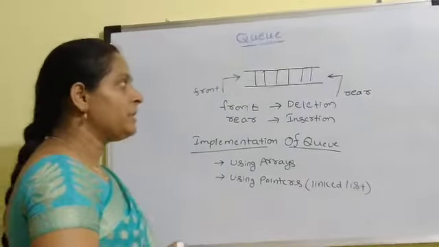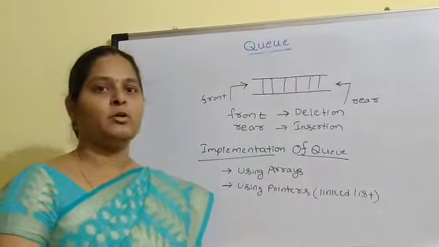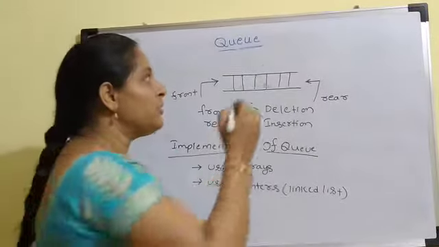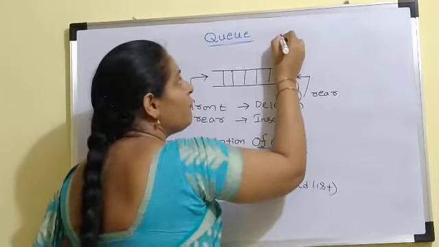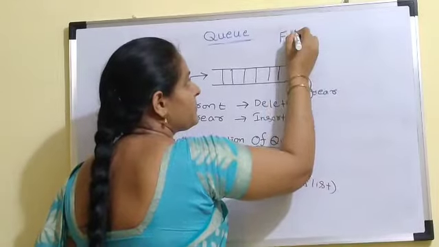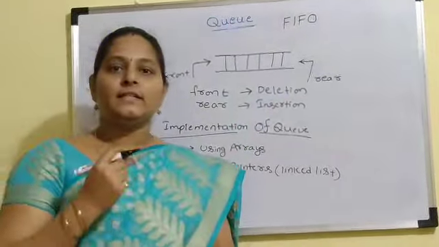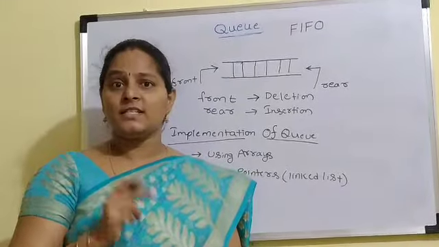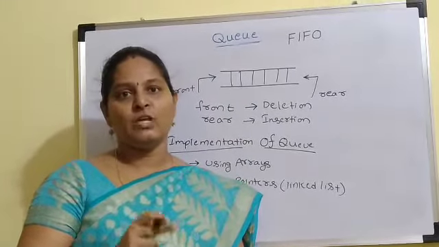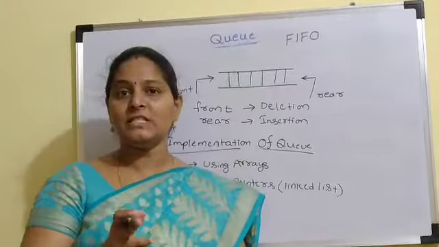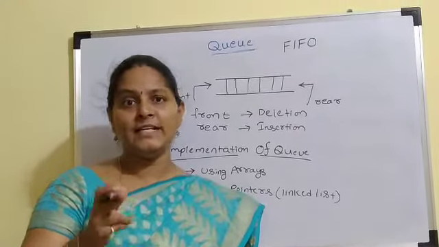Okay, and one more important point about this queue data structure is, this queue data structure follows FIFO principle. As I said, the stack data structure follows LIFO, last in first out principle. That means lastly inserted element is deleted first.